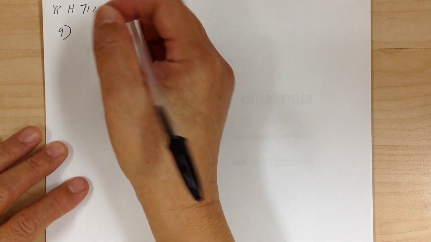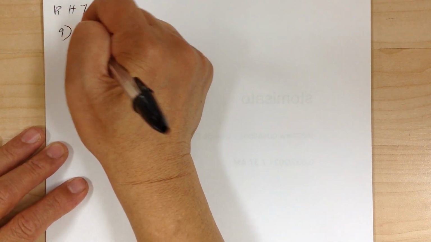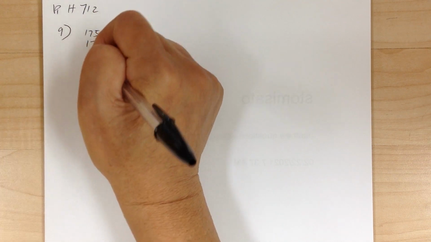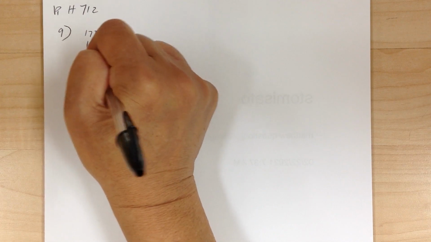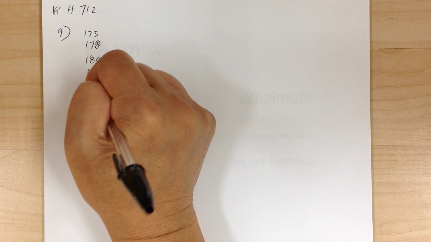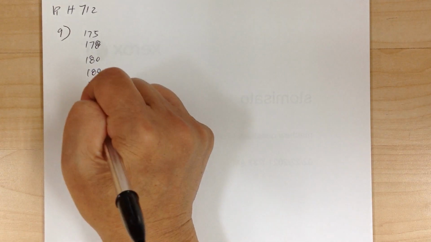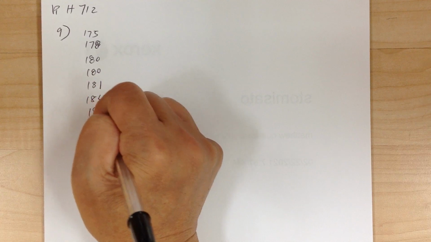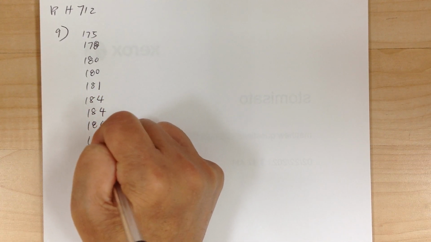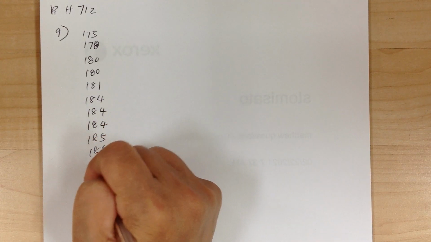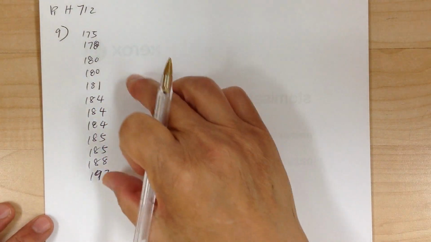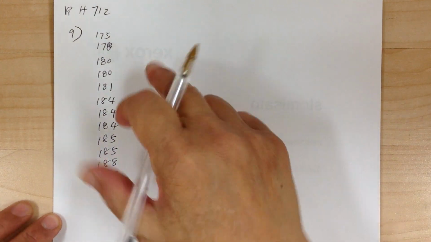So basically what you have is the 175, 178, and then you have the 180 twice, and then you have the 181 and 184. Notice frequency 3 means you got 3 times, and you got 185 twice, and you got 188, 192. So basically, if you expand, this is what you have.